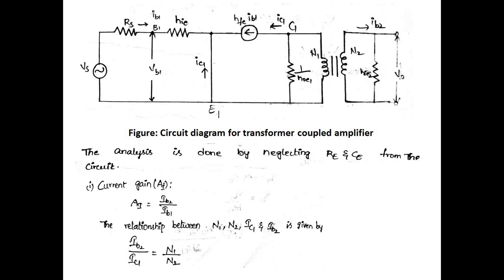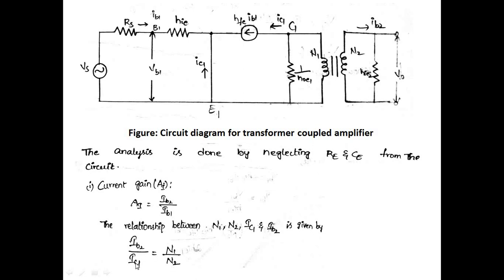What will happen to the current gain and to the voltage gain when we use transformer coupling? For the current gain, we know the formula: output current divided by input current, which is Ib2 divided by Ib1. From the current transformation relation, Ib2 divided by IC1 is equal to N1 by N2.